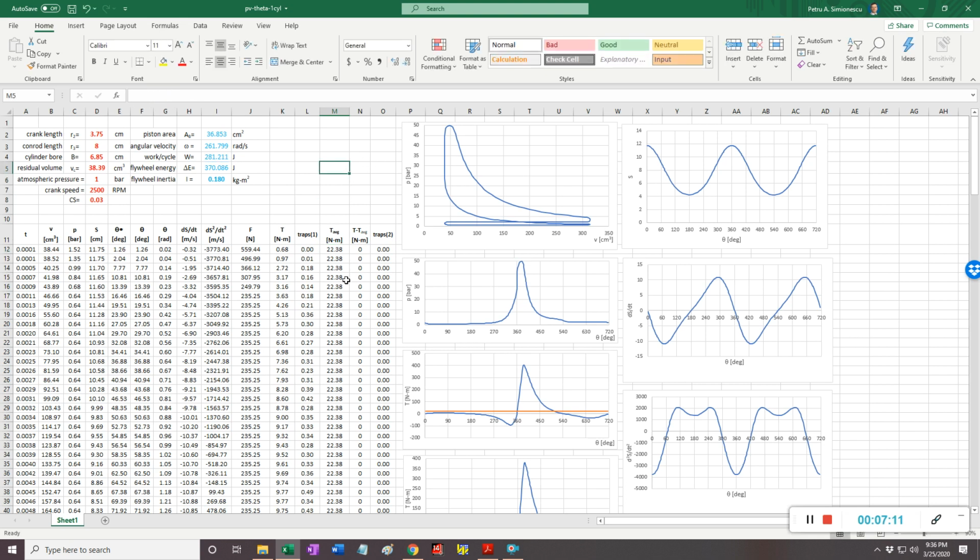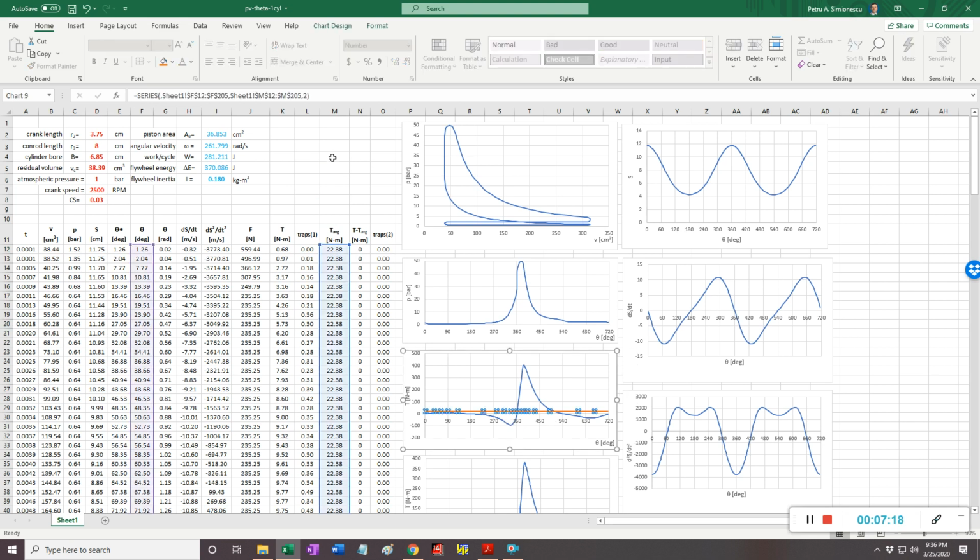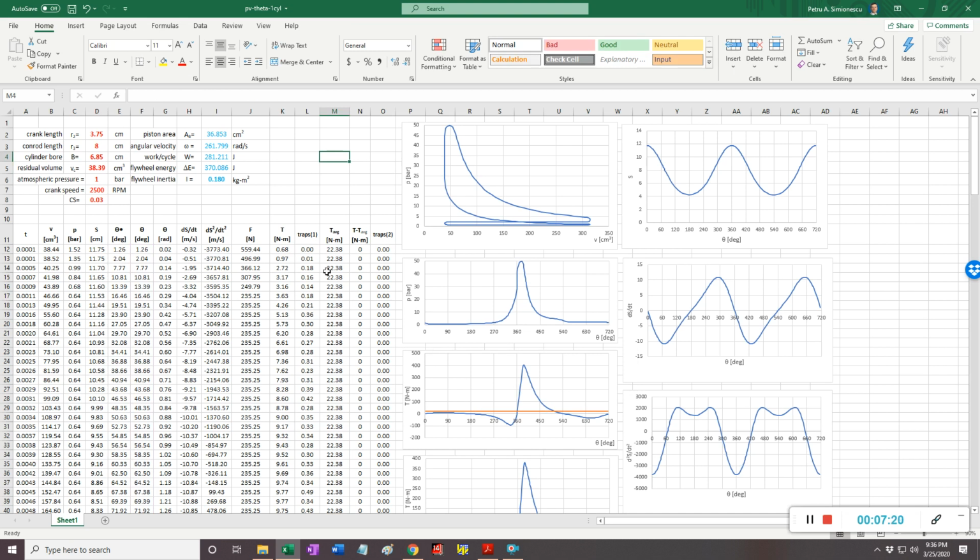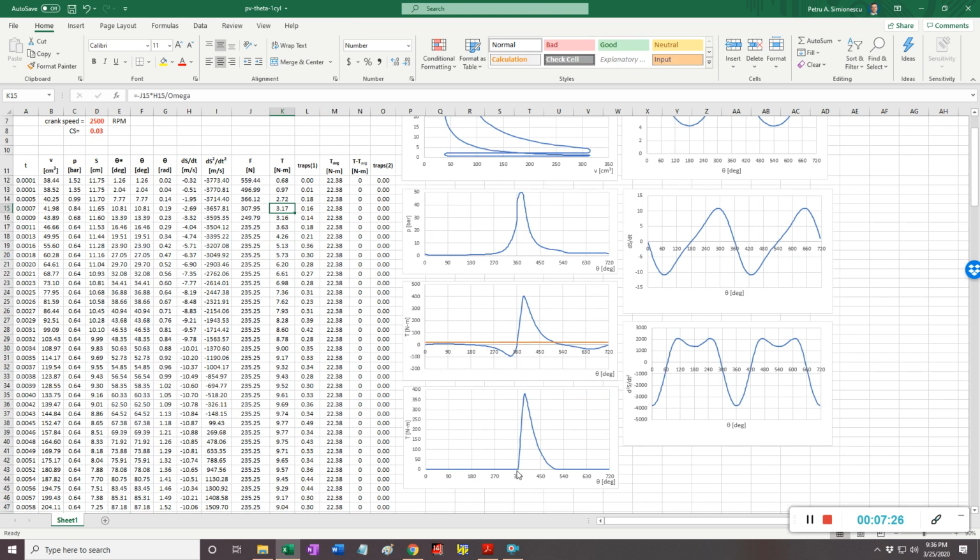I have a full column of average torque, and it served to produce this line. And then what I'm doing, I'm subtracting the average value from the original torque, and anything that is negative gets changed to 0. So this bottom graph is nothing but a representation of everything that's above the T average line.